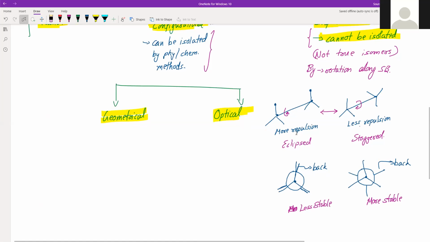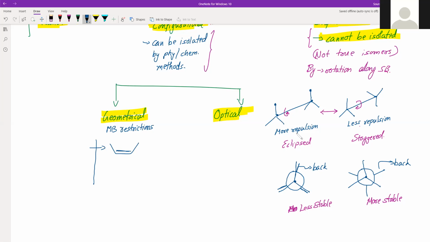In geometrical isomers, what we basically have is a restriction due to a multiple bond. So I'll just write: multiple bond induced restrictions are there, so rotation is not possible. Due to this, there are two possibilities in geometrical as well, the same ones which we have seen above.